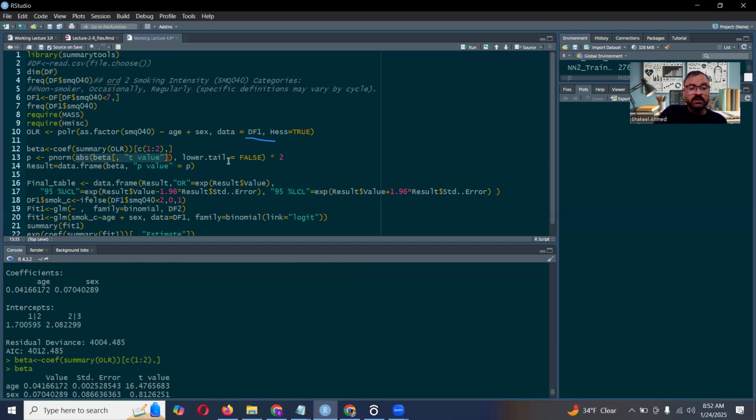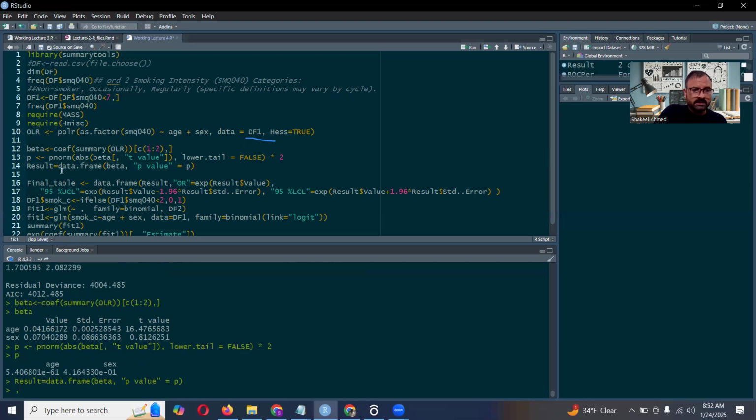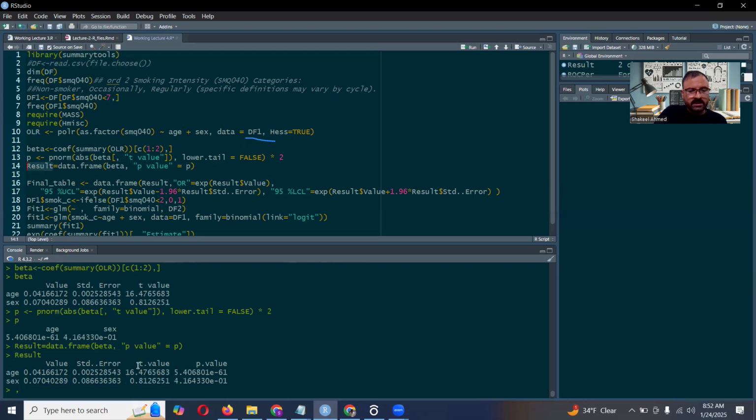It will give you the p-value, and you can add the p-value in your result as the last column. Then you will see the final result. That is basically the result we need to report in our papers.